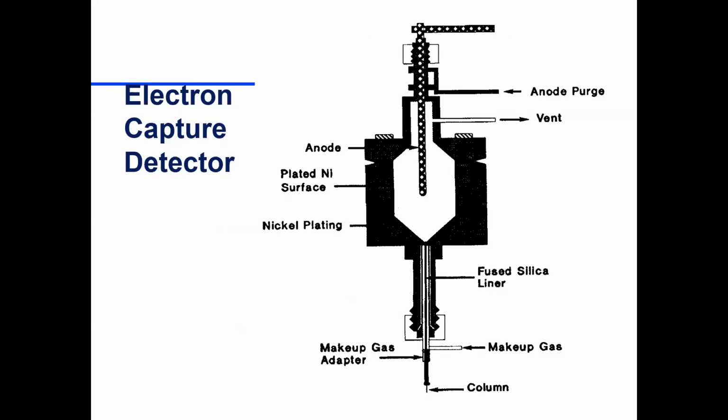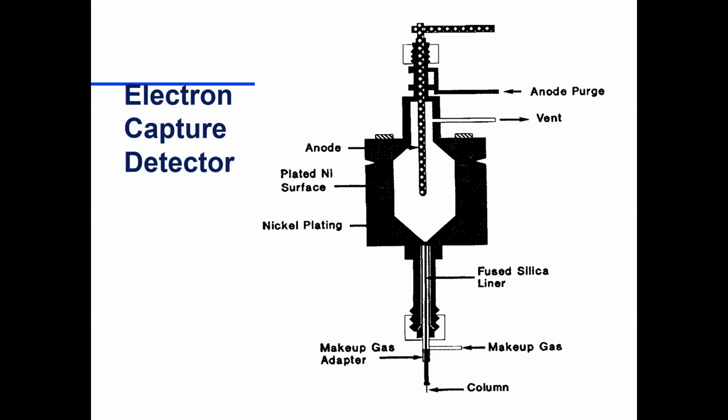We're seeing less use of electron capture. Here again, we've got our column coming here. We've got a makeup gas, a little larger flow of gas. What we have is a nickel-63 radioactive detector, so the inside of it is radioactive.